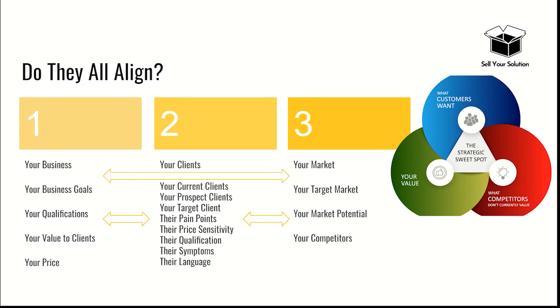And here we have just a little bit of a big picture view. So really take 5 steps back and take a look at the 3 elements that have to align: your business, your clients, and your market. Does your client have a price sensitivity that matches your price?